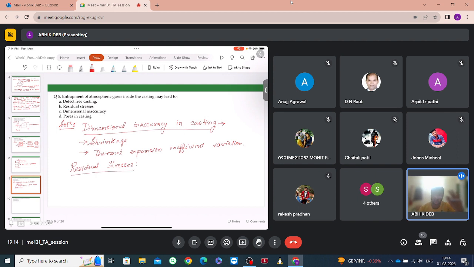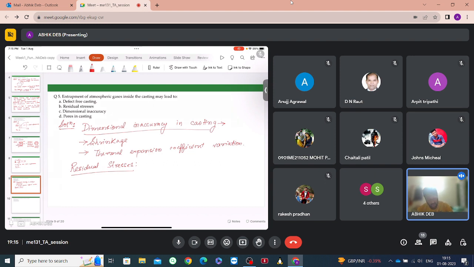So it is not that much. The atmospheric gases occupy very small voids and result in porous castings, but they will not be significant enough to change the dimensions of the component.